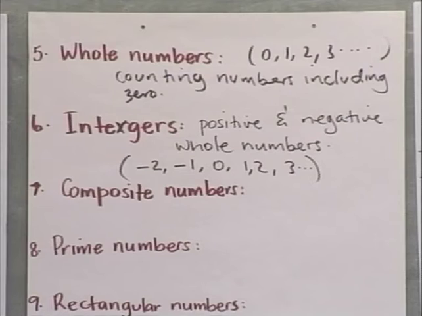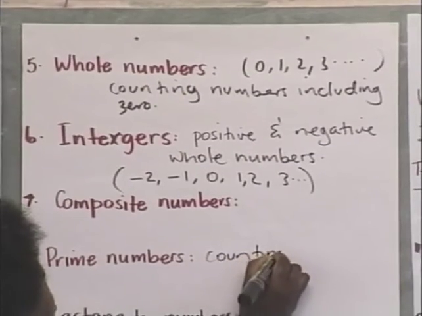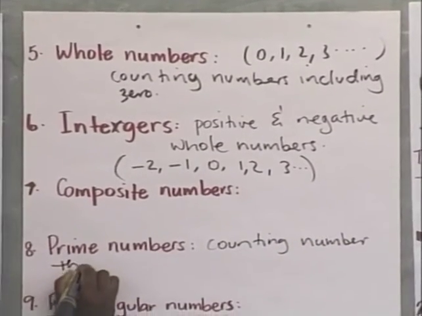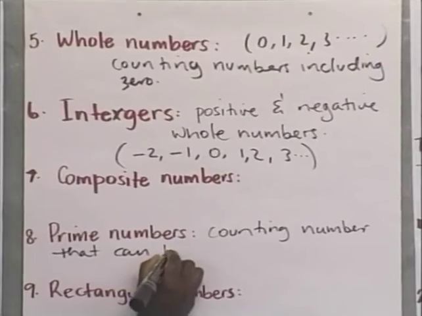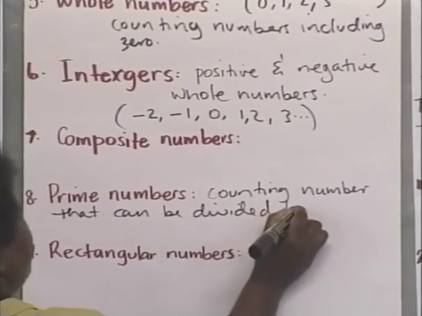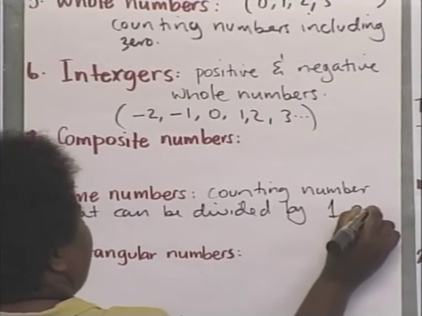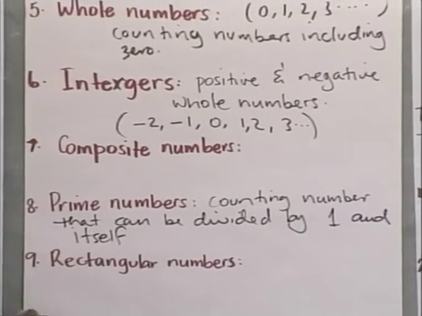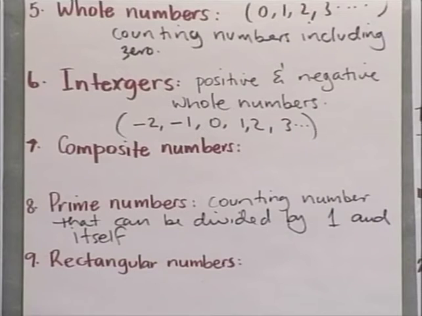A counting number that can only be divided by 1 and itself. Okay, a counting number that can be divided by 1 and itself. Livingston, is 1 a prime number? No. Is 2 a prime number?